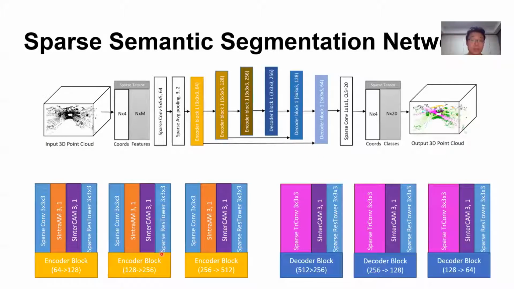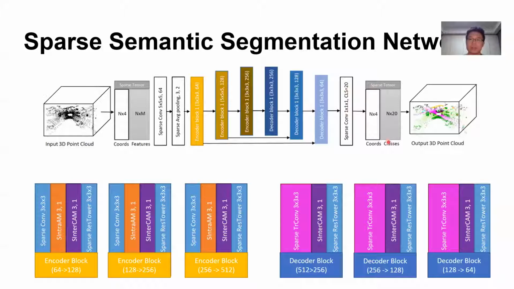All those layers will be further introduced in the following slides. Similarly, the decoder blocks consist of sparse transpose conv, sparse inter-channel attention module, and sparse residual tower. Sparse tensors maintain the coordinate mapping. Thus, the neighborhood information can be propagated accordingly. When the sparse tensor stride recovers back to 1, which is the original resolution of the voxel data, we perform another point-wise convolution to produce the semantic probabilities for each point.